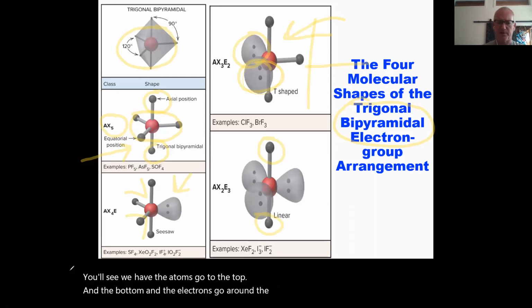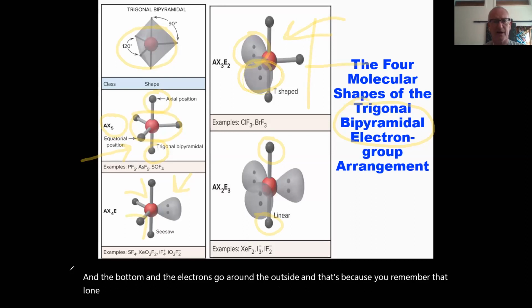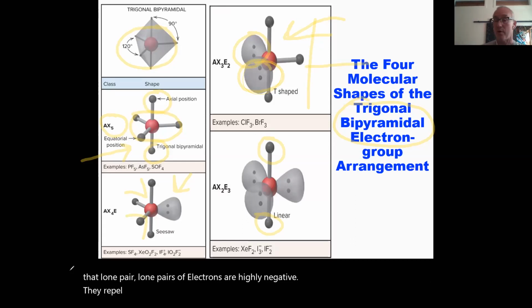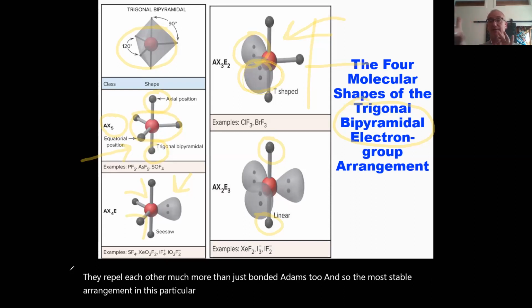And that's because you remember that lone pairs of electrons are highly negative, and they repel each other much more than just bonded atoms do. And so the most stable arrangement in this particular situation is to get those lone pairs as far apart from each other as possible.